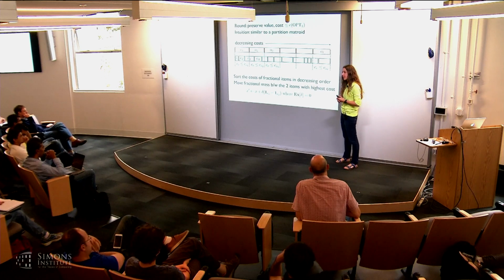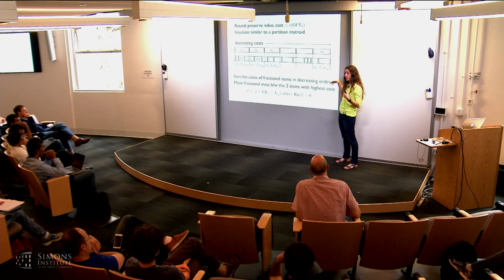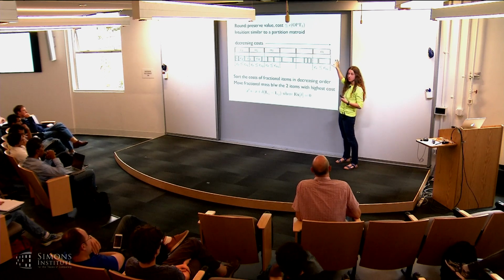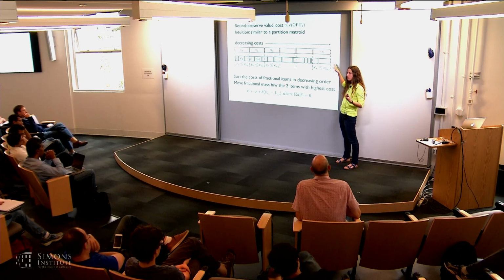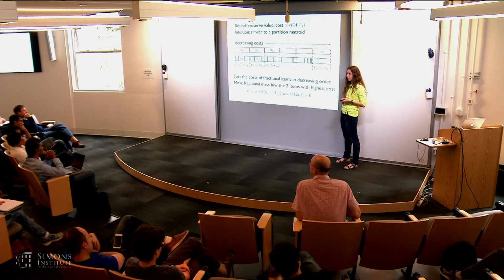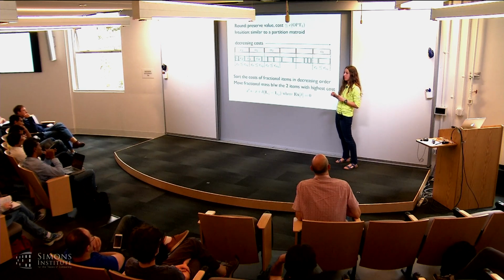Whether we're in the ideal case is not clear, but at least for the OPT1 phase, I can convince you that I can reach the ideal state. I can round those fractional items and pay cost no more than OPT1. And we'll deal with OPT2 in a minute.